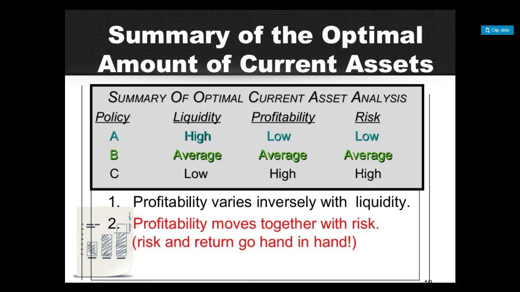With this, the risk is also high with policy C. Profitability moves together with risk. So in C, with low liquidity, profitability is high and risk is also high. With high liquidity, policy A, risk is low. Policy B has average liquidity with average risk. So risk and return go hand in hand.